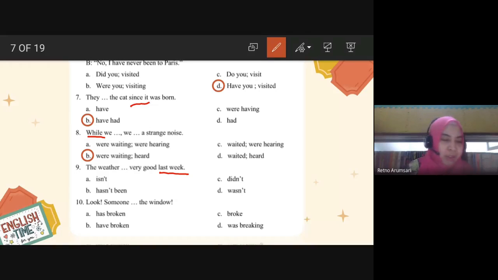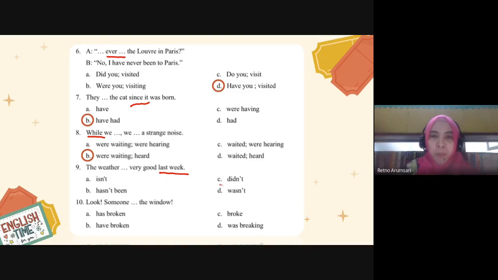Right? So which one is it? Wasn't. Because there is no action in the sentence, you must use a to be, right? Very good. It's not an action, right? Yes. Okay, thank you, Nabila.